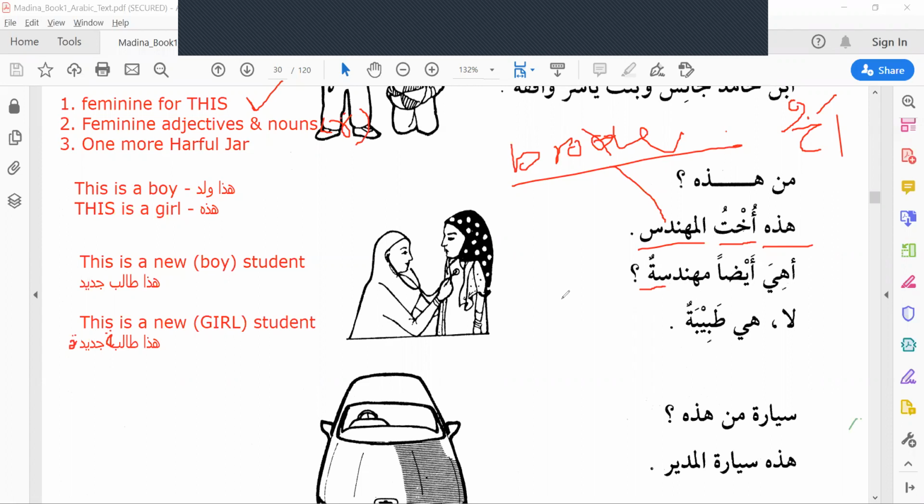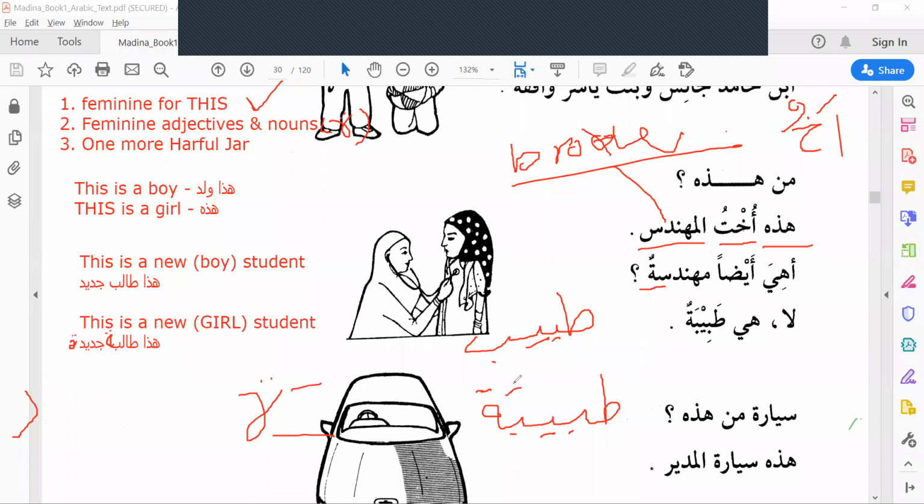Similarly, tabibun is a doctor. If you want to point to a female doctor, tabibatun, with an extra ta marbuta here. Anything, if you want to make it feminine, just add a ta at the end, and the letter before will always get fatha.